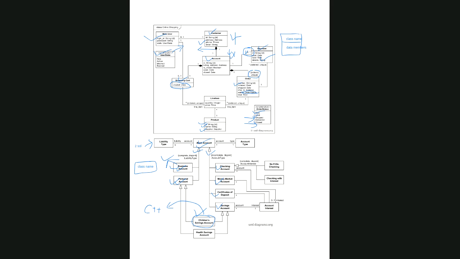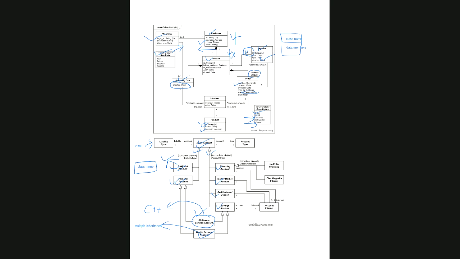So children's saving account and health saving account are child classes with two parents. That's why this is a multiple inheritance.